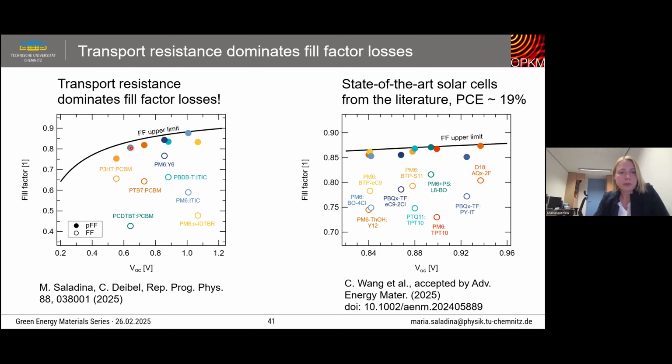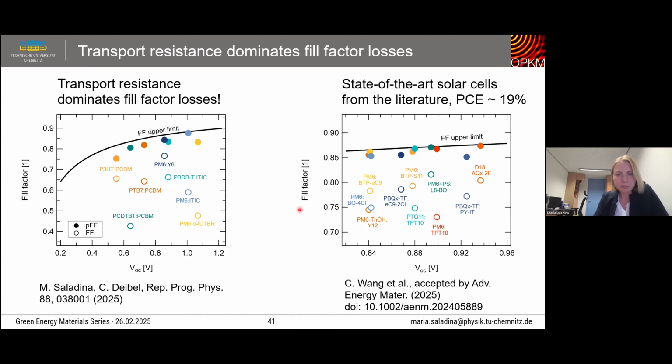The full circles here represent the pseudo fill factors, so the ones which contain only recombination losses, and open circles are real fill factors of the experimental JV curve. The difference between this upper limit and the full circle represents recombination loss, and the difference between the two circles is the transport resistance loss. Maybe except for P3HT:PCBM, where recombination losses were very high, for other cells we really see that transport resistance is the dominant loss of the fill factor.